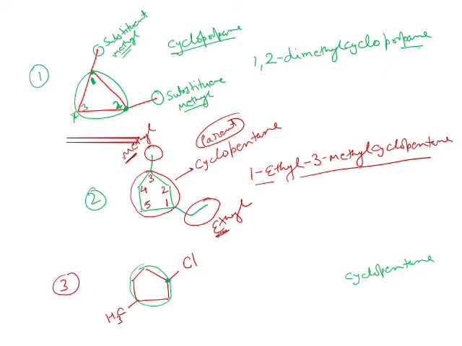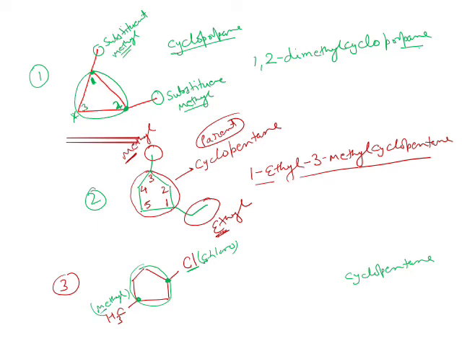So either I can choose this carbon as number 1 or this carbon as number 1. So again, for both substituents you have to use the alphabetical rule. Whichever substituent comes first alphabetically, you have to put that substituent as your priority and then put the carbon that contains that substituent as number 1 carbon. So this is your chloro, this is methyl.